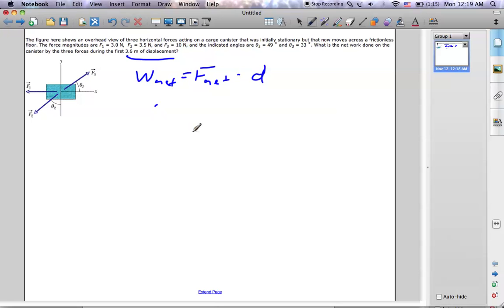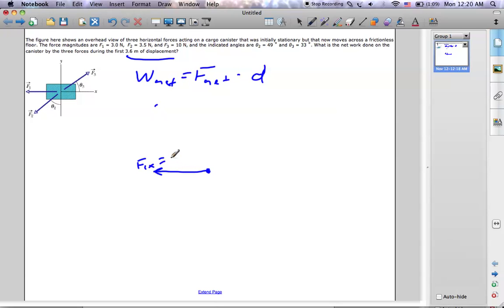And I'll draw another diagram. So here's the cargo canister, and here's the first force, F1, which is in the negative x direction.